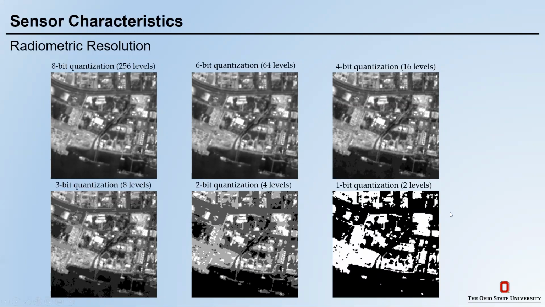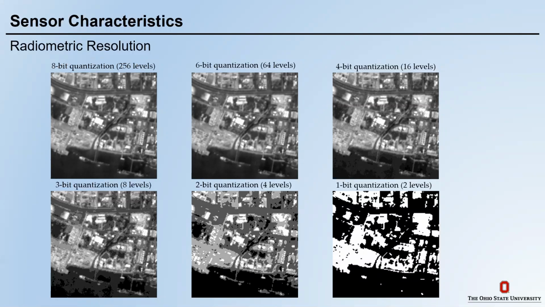Of course, 8-bit and 1-bit is just too extreme. But here you can see the importance and the meaning of radiometric resolution. You can use levels to describe it, or you can simply say the radiometric resolution of this sensor is 8-bit. Usually, bit is more commonly used.